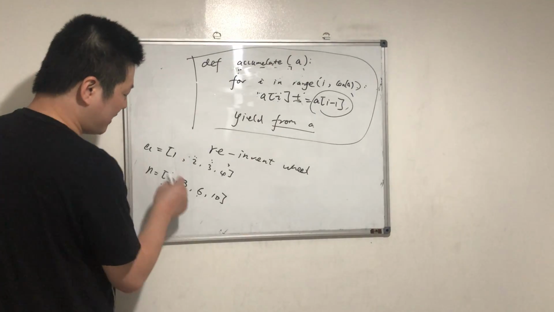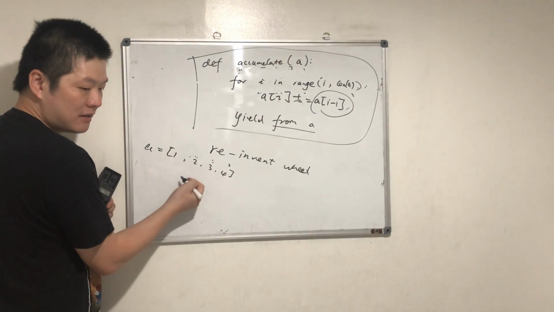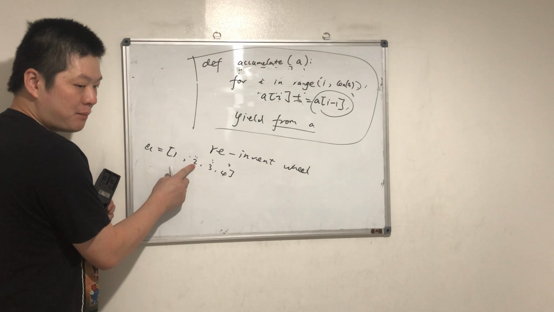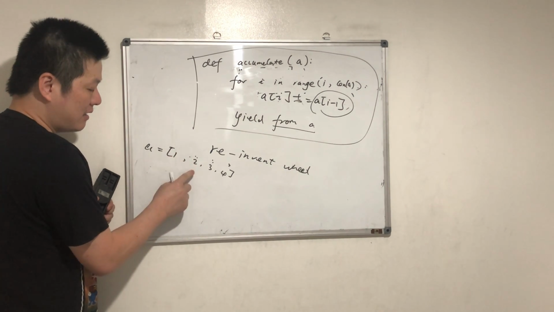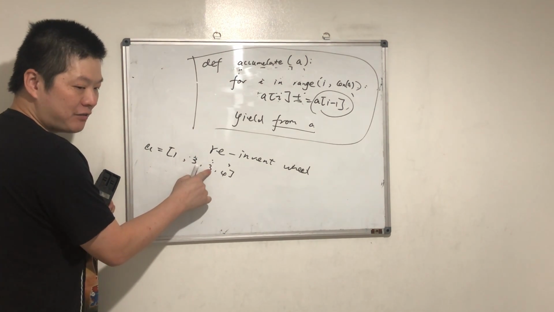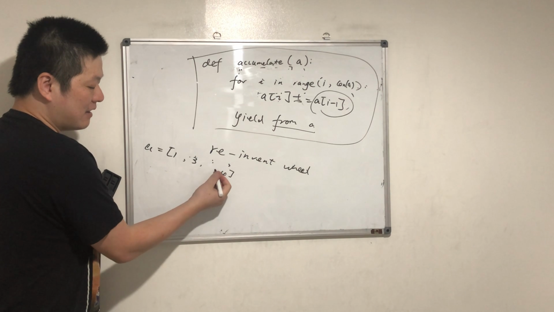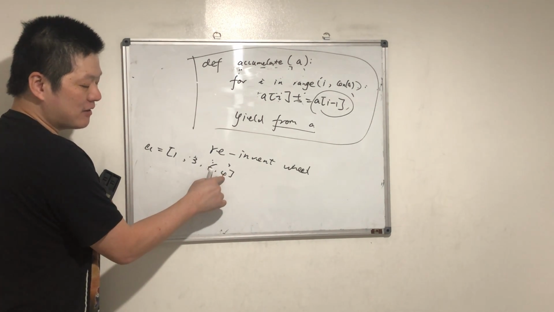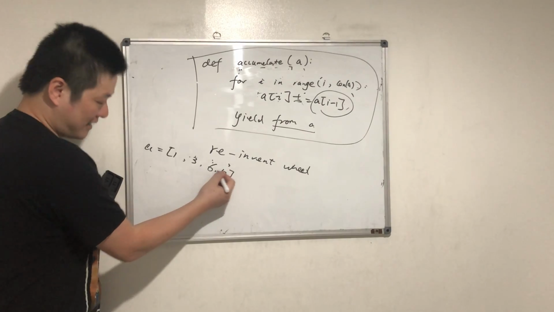Look, I start here: 2 plus the previous item 1 is 3. I erase it. The next, 3 plus the previous item is 6. Then go here, 4 plus the previous item is 10. Does it make sense, Eric?